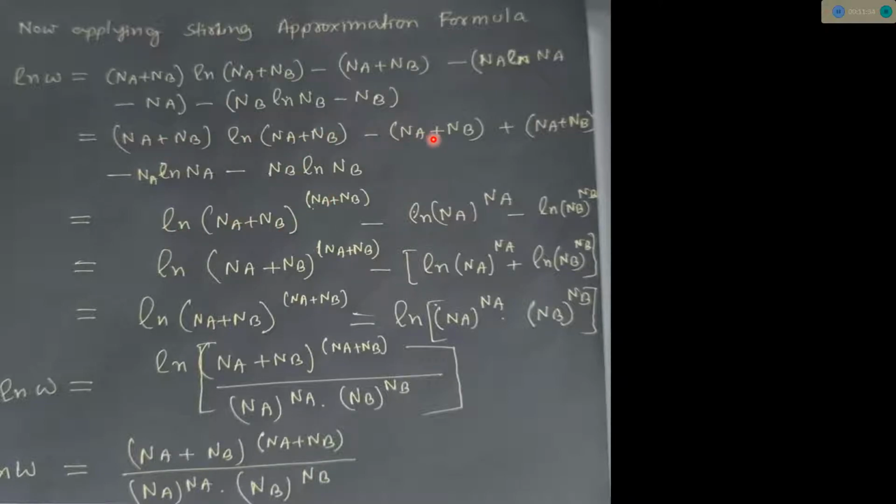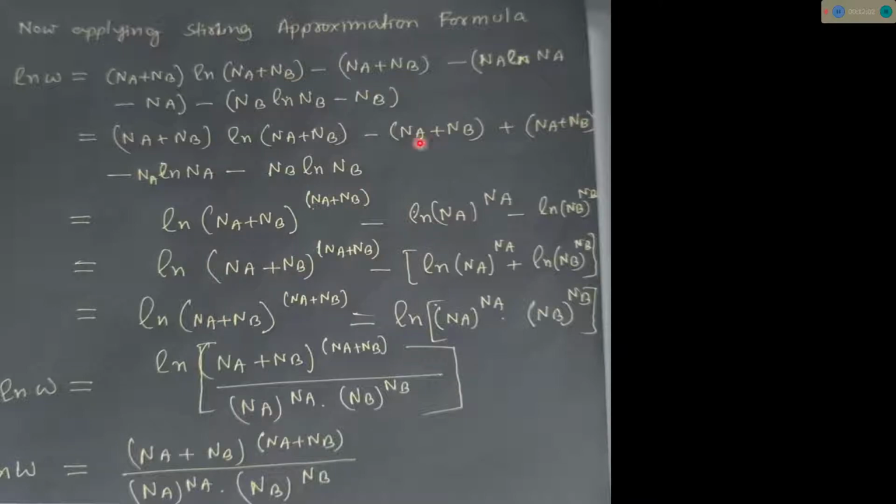Now minus Na plus Nb: if we multiply minus with this Na, it will become plus Na, and if we multiply minus with this minus Nb, it will become plus Nb. So minus Na plus Nb and plus Na plus Nb cancel out.